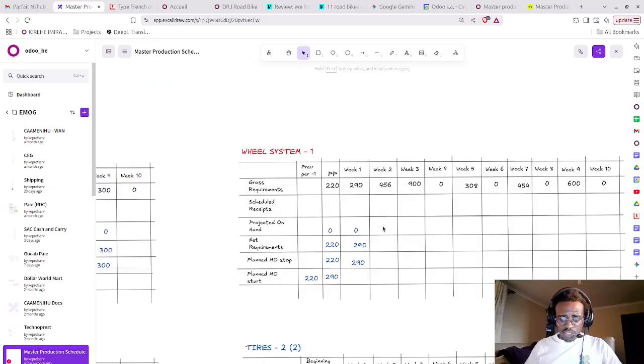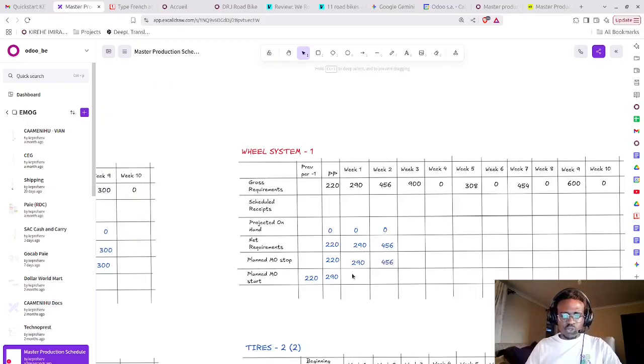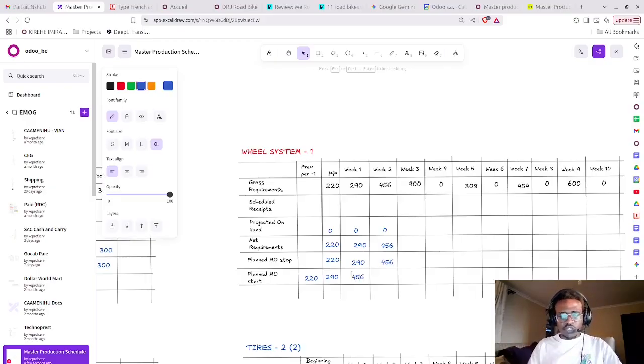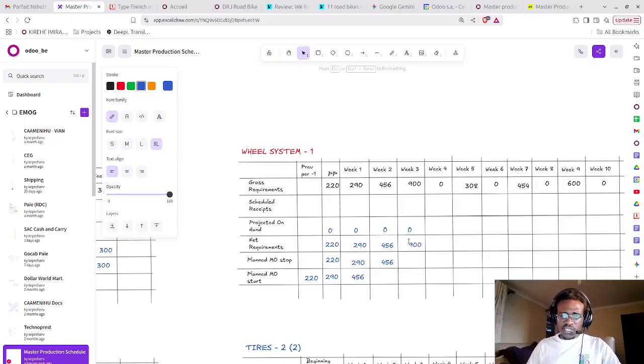456, so projected on hand is 0, so I need to have 456 bikes. So I need to have a planned manufacturing order of 456 ending here, so it should be starting 1 week before. Week 3, I have 0, and so here I'll have a net requirement of 900, which means I should be having a manufacturing order of 900 ending in that week.